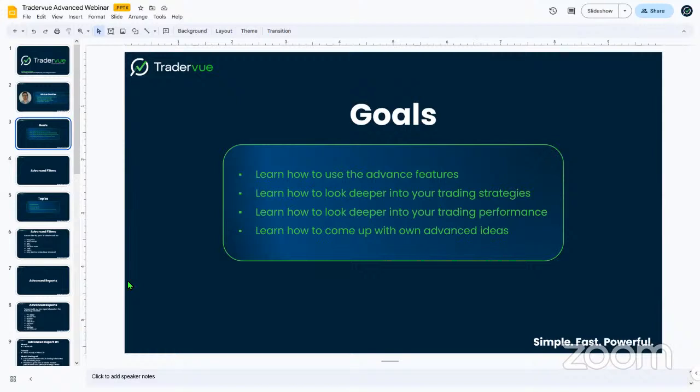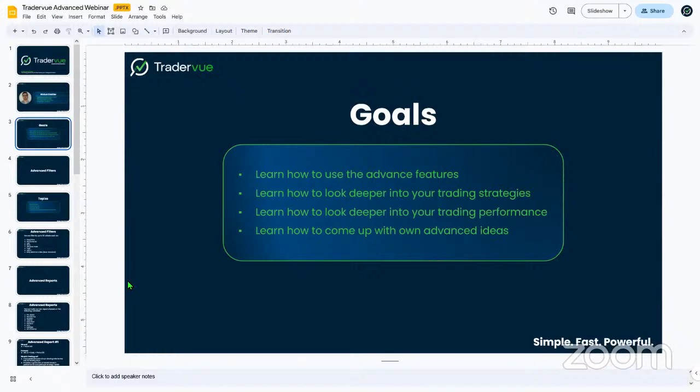However, you will see that there are infinite combinations that you can do between advanced filters and advanced reports, and understanding what type of trading you do, and also coming up with your own advanced reports based on what type of trader you are.